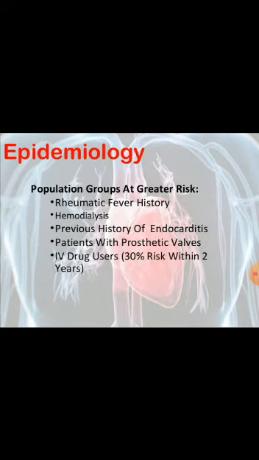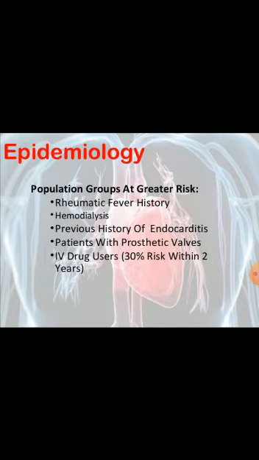Again, we will see what population is at higher risk. We already taught you about a previous rheumatic fever history, a person going through hemodialysis, a previous history of endocarditis, or a patient with prosthetic artificial valves, and IV drug abusers, who have a 30% risk within 2 years.